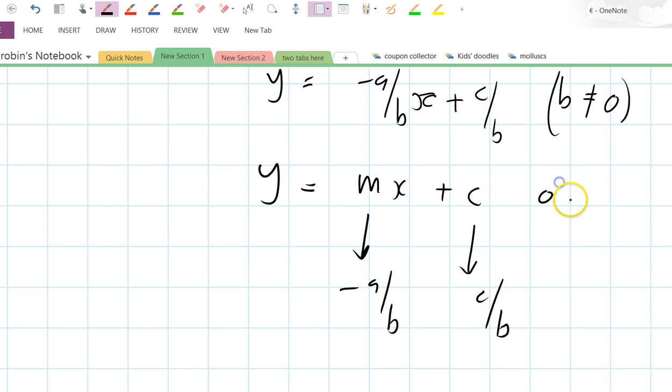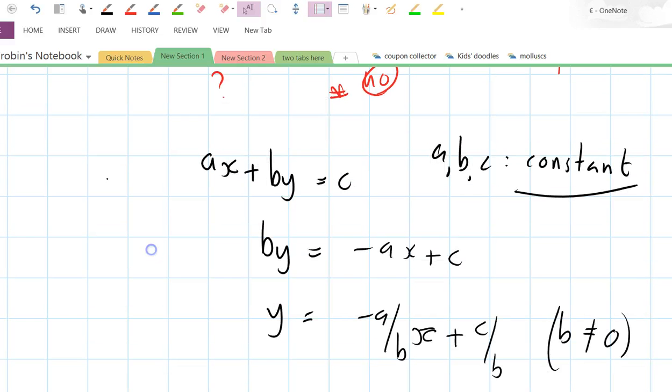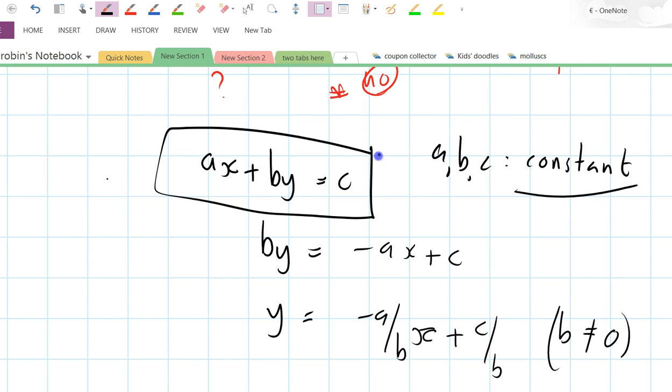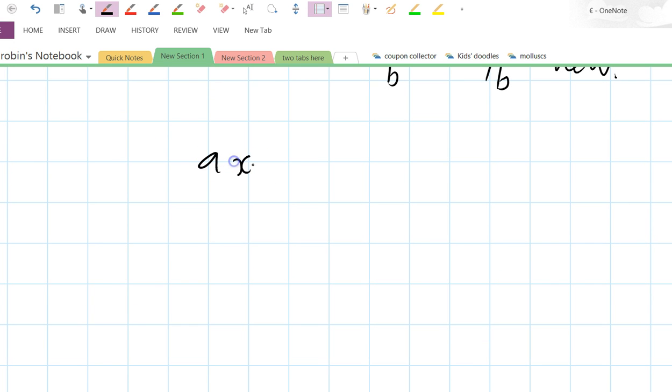So this is the old way and this is the new way. I say old and new as if the new way is some kind of new improved format, but it's not. Ax plus by equals c. We'll just fool around with that a little bit. I'll just write out the equation again and again, just to get it familiar.